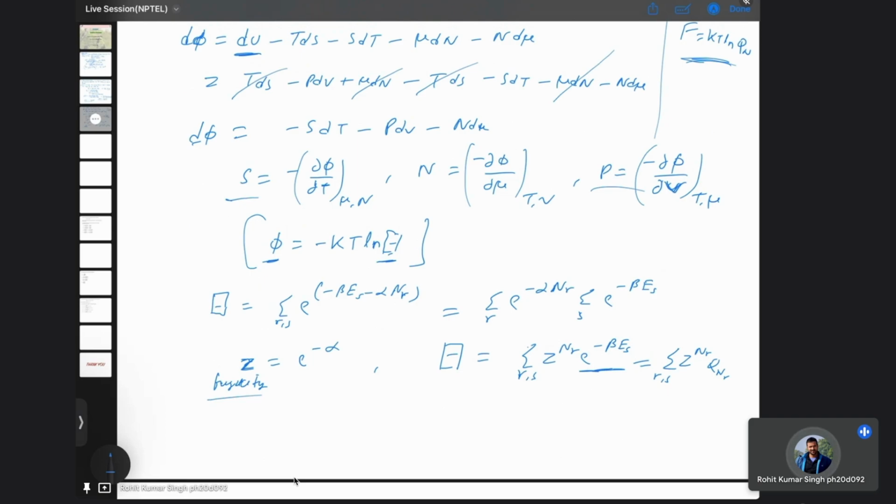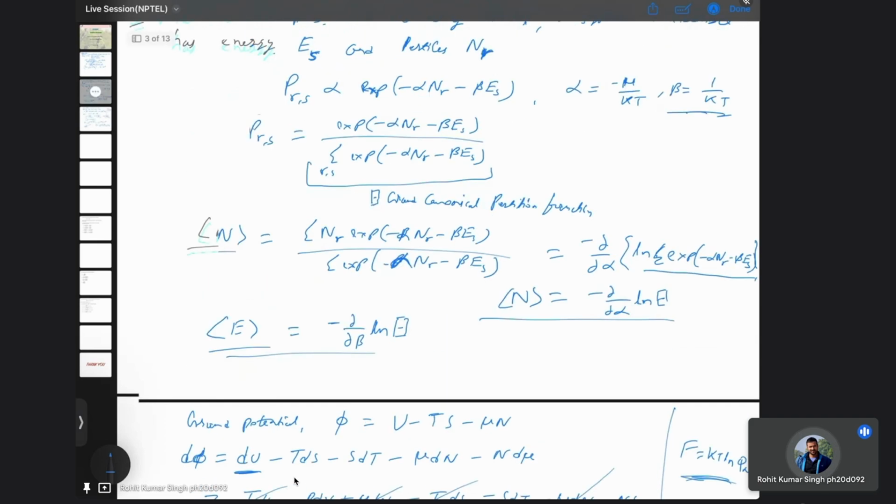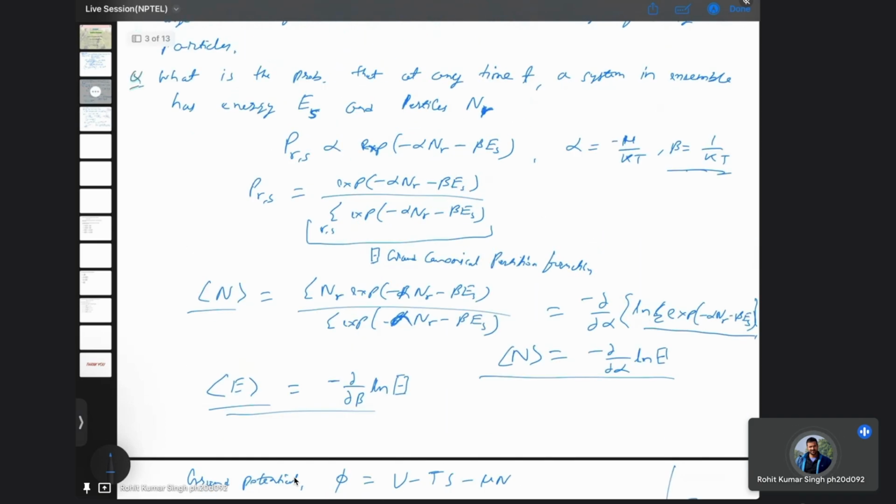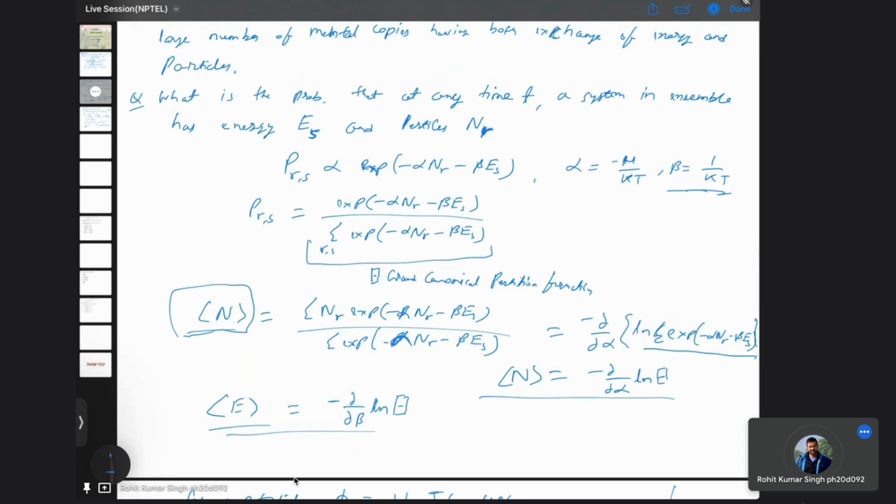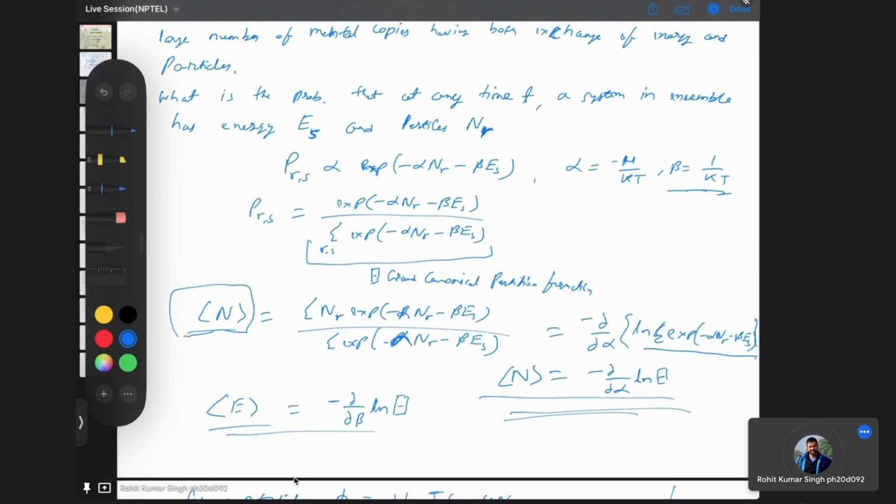So you can calculate the average number of particles using this formula, but there is another nice way to calculate this.